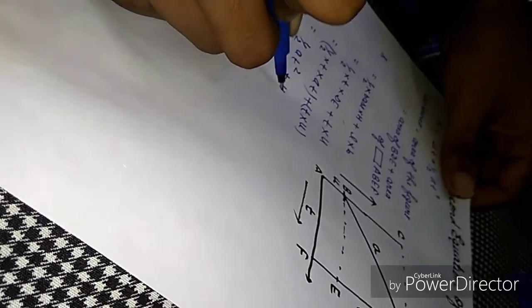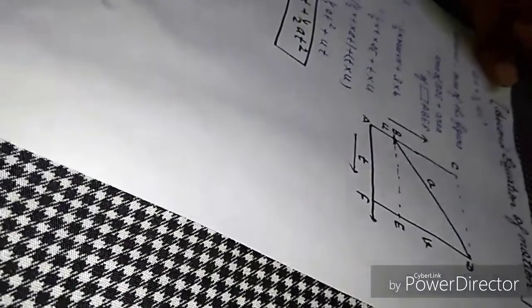Then we find the area of the triangle, half at square plus ut, which is equal to the distance travelled by the body. So we have found an equation, S is equal to ut plus half at square. So we have derived the second equation of motion.